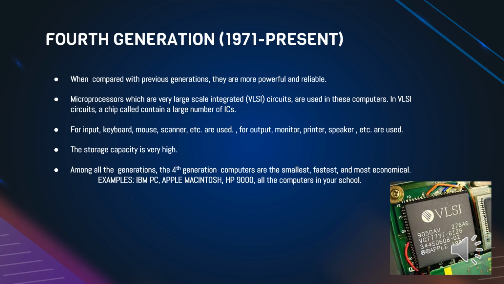For input, keyboard, mouse, scanner, etc. are used. For output, monitor, printer, speakers, etc. are used. The storage capacity is very high. Among all the generations, the fourth generation computers are the smallest, fastest, and most economical.